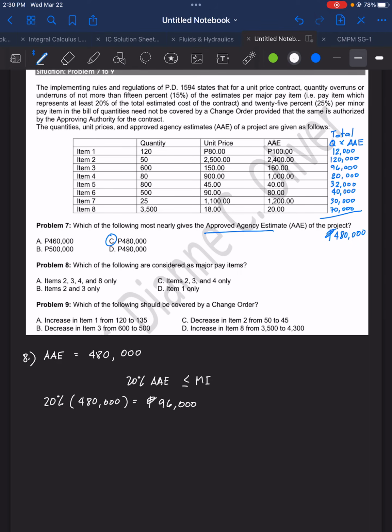Among these items, the highest here is item number 2, which is the 120,000. So this one here, item number 2.